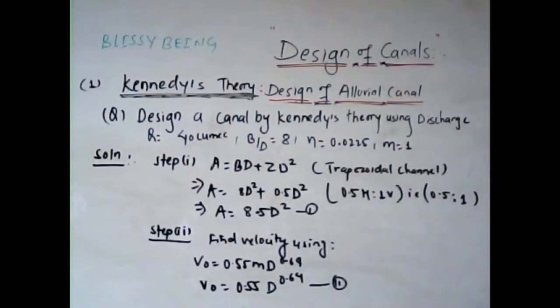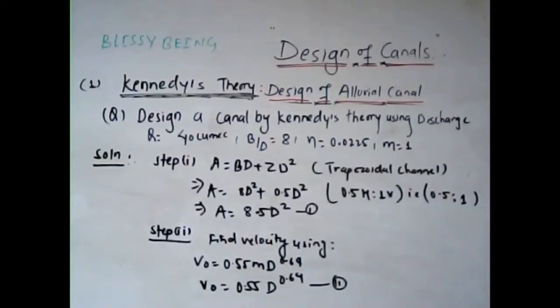Here we assume the side slope Z is 0.5 horizontal to 1 vertical, as the channel is in cutting. You can assume between 0.5 horizontal to 1 vertical, 1 to 1, or 1.5 to 1. This is the range of the side slope, and on the basis of different soil parameters, you need to choose the side slope. So the area is 8.5 D squared.